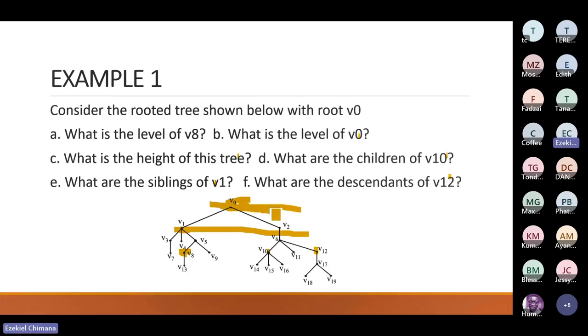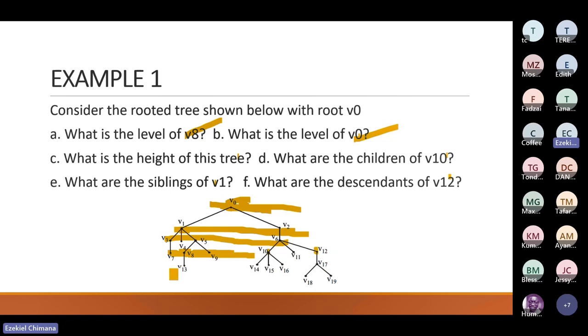So this one is level 0, this one is level 1, this one is level 2, and this one is level 3.